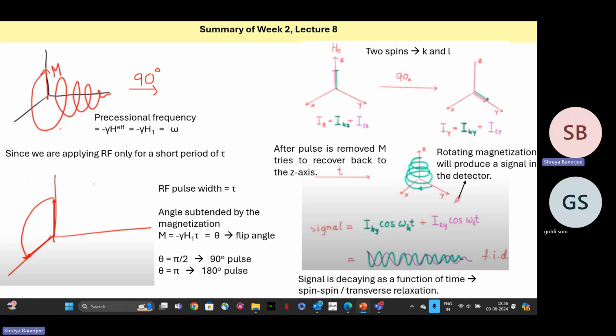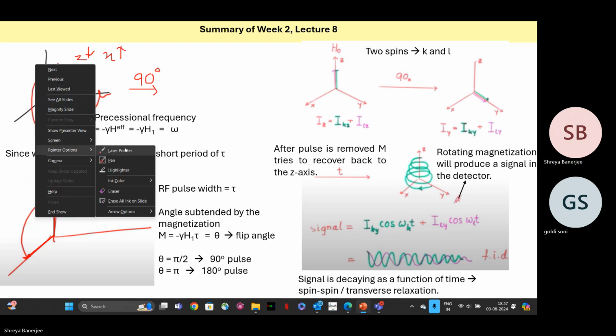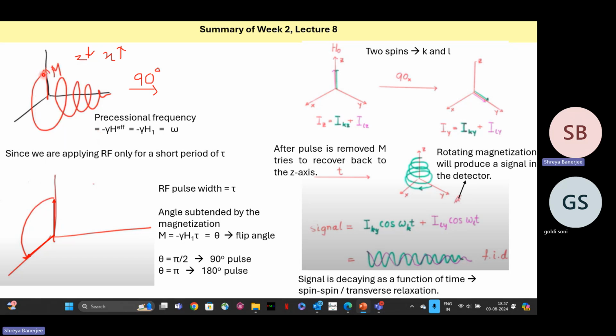It comes in a spinning motion where gradually the z component reduces and the x or y component increases, till finally your entire magnetization lies along your x or y axis.